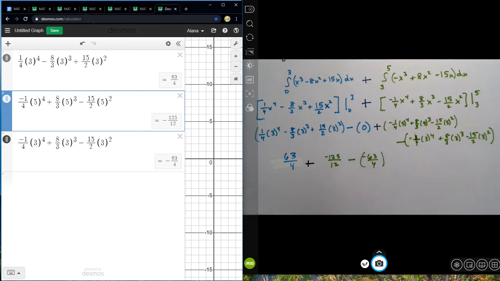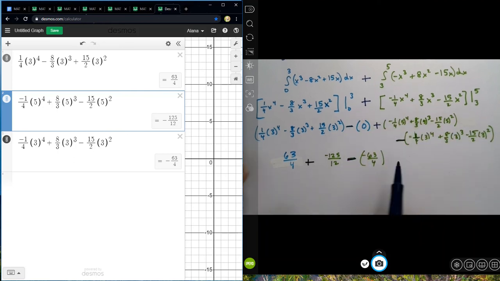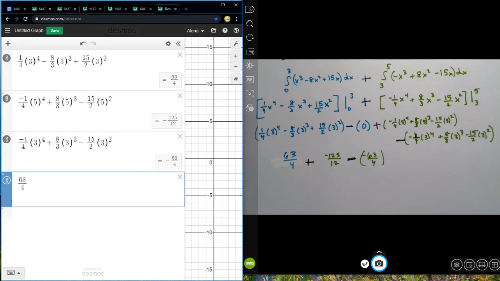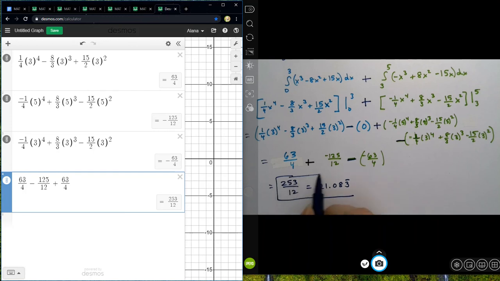Because this minus right here is this minus right there. Okay, so I just need the computer to tell me what 63 divided by 4 minus 125 divided by 12 plus 63 divided by 4 is. And it tells me it's 21.083 repeating, which is 253 over 12. Lovely.